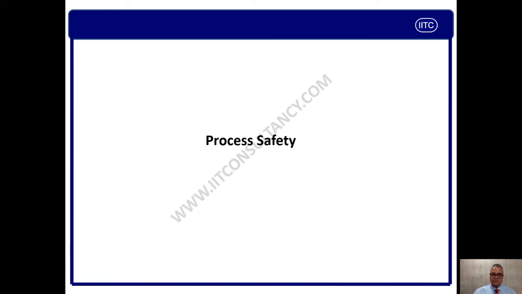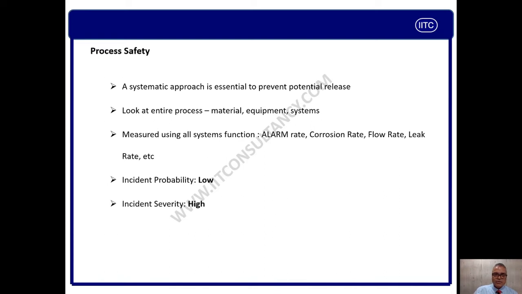Guys, as you know the definition of process safety, as per the name, it is the safety of process. Primarily, it means LOPC, loss of primary containment. So process safety is a systematic approach to prevent potential release or LOPC, loss of primary containment.